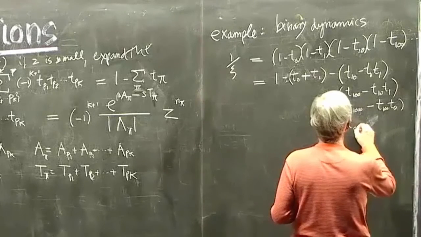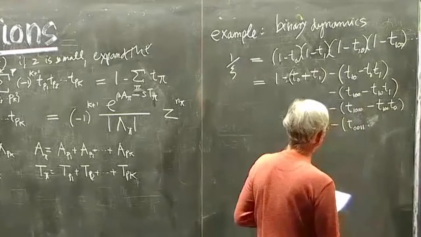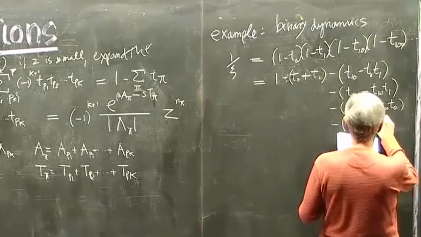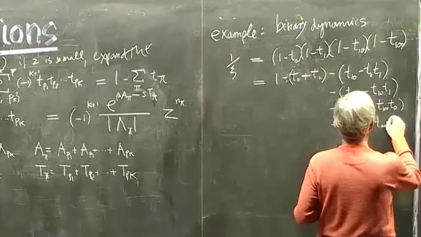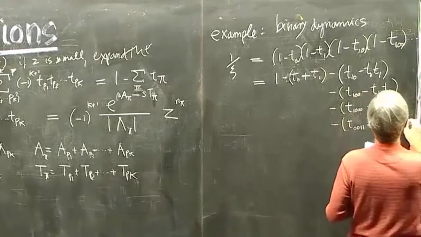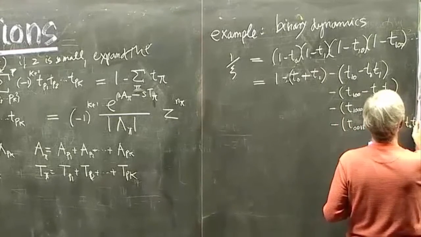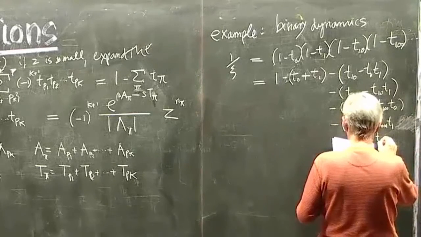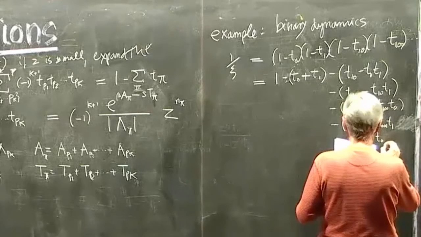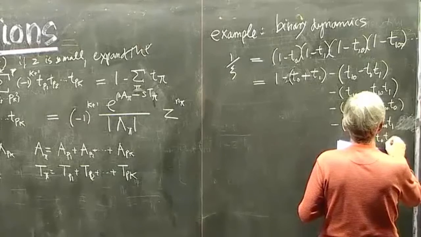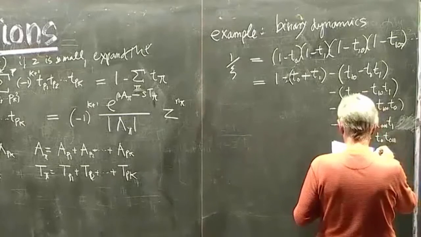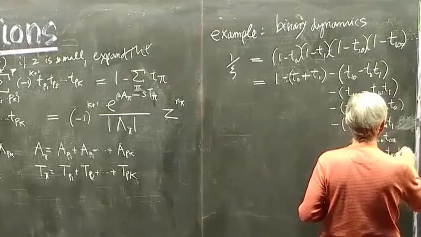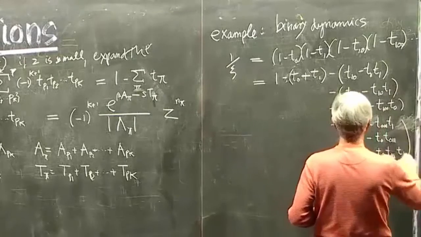So if I look at the t0011 cycle, there are 3 4-cycles. One of them looks like that. It'll show up shadowed by t001, the 3-cycle, times t1, minus t0, minus t0, t011, and then there will be plus t0 t01 t1, and this goes on.